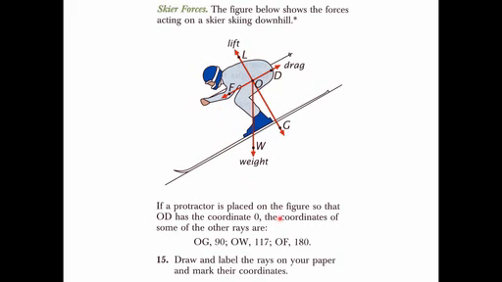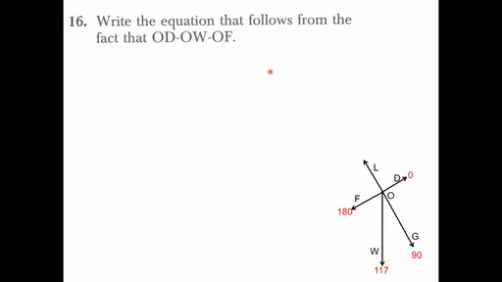So if we take a protractor and plop it onto this center and put 0 at, where does he want 0? OD has a coordinate of 0. So it's like you put the protractor on and then twist it around. And the other rays are labeled. Draw and label them. So it's going to look something like this. Recall how to read this?